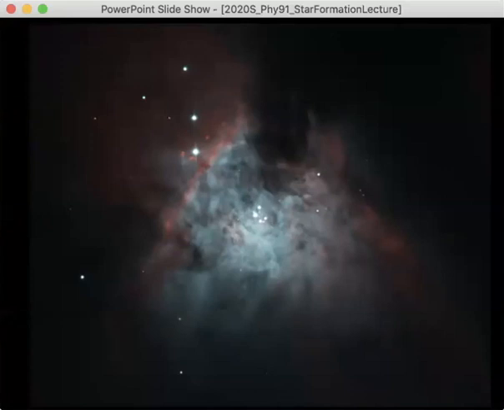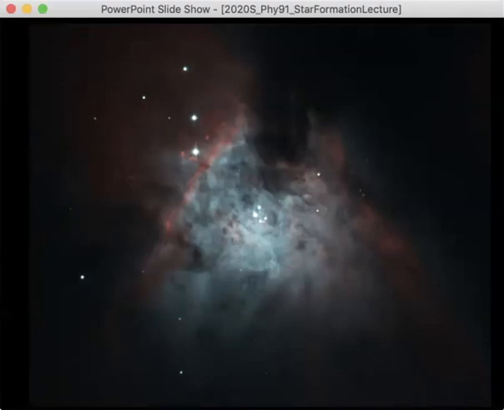And the fact that they're still around means they can't be more than a few million years old. And as a result, since we think the Orion Nebula all formed at kind of the same time, that means that all of these stars are roughly only a couple million years old, because we see that there are still these big stars that don't live for very long. And since they still exist, this entire thing must only be a couple million years old.